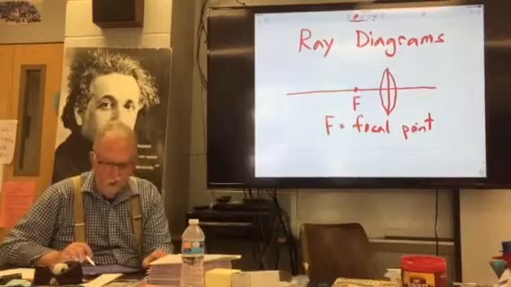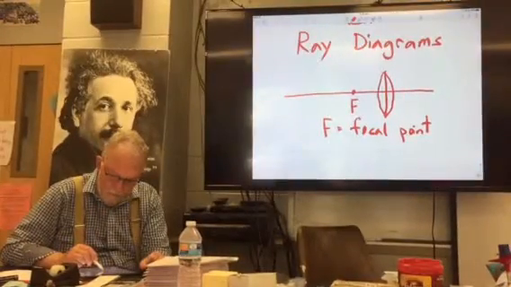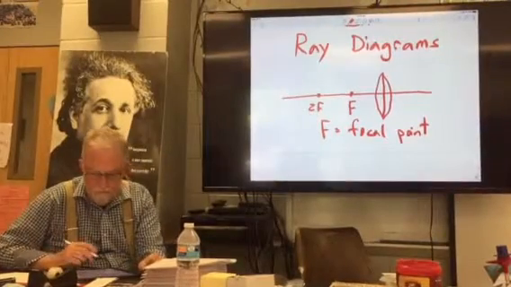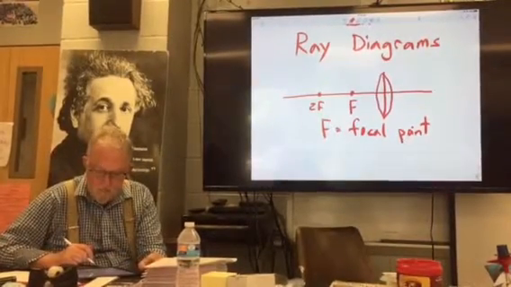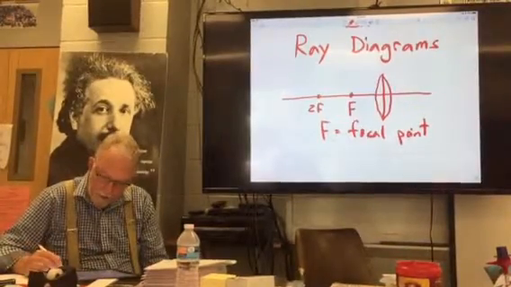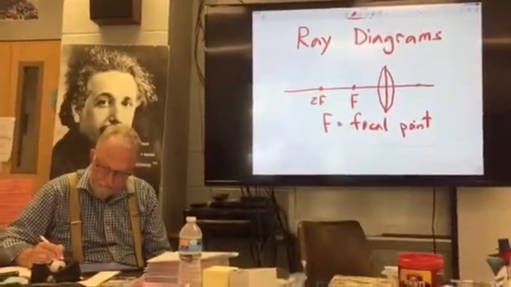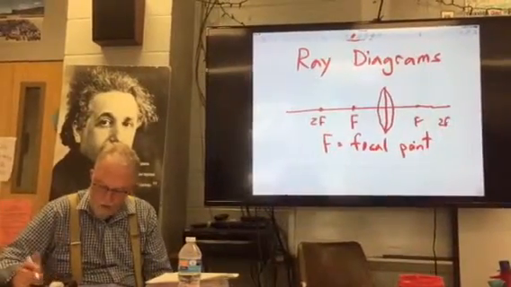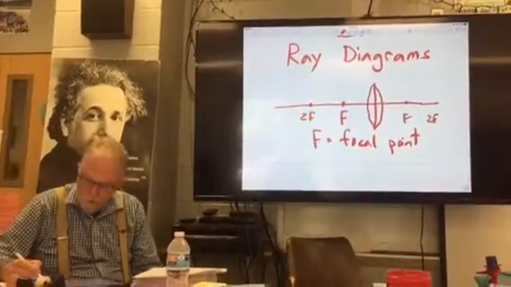And then in a lens, we call the next one 2F. And we'll also put it on the other side. F and 2F. And of course, these are exact measurements.